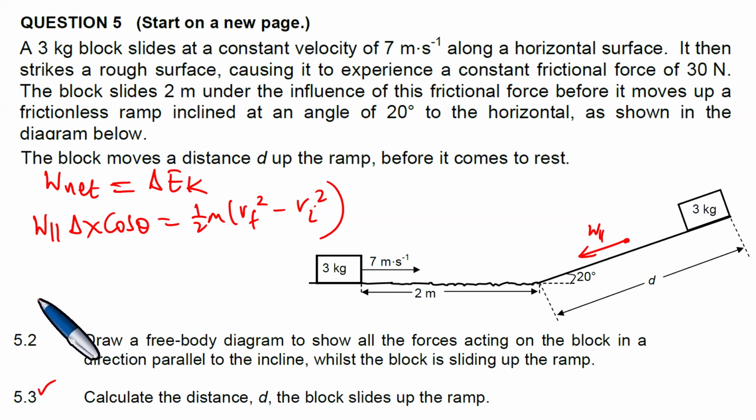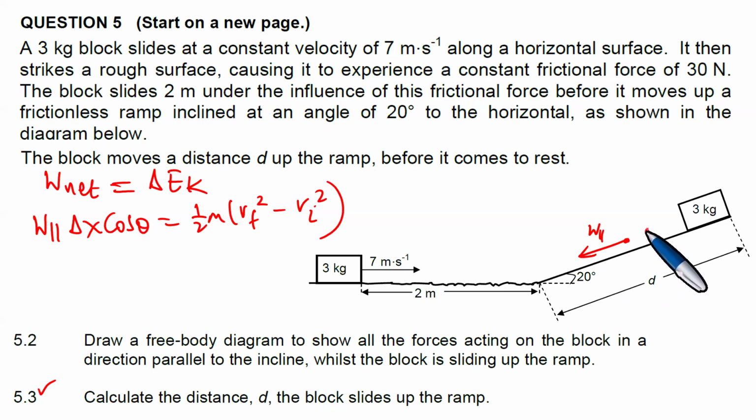So what is this? Okay, so you need to look at these and think very carefully of what is happening here. As it's sliding up the ramp like that, we agreed that this is the only force that acts. And what is this only force that acts parallel to that?